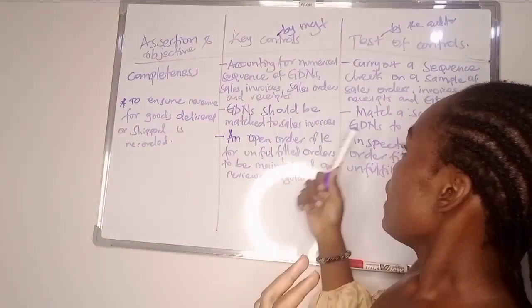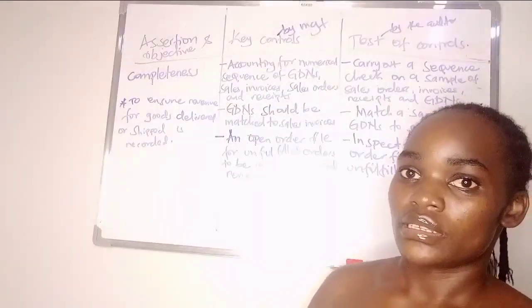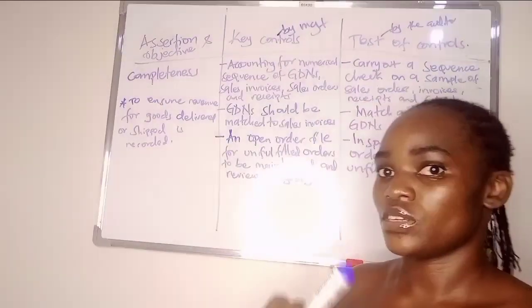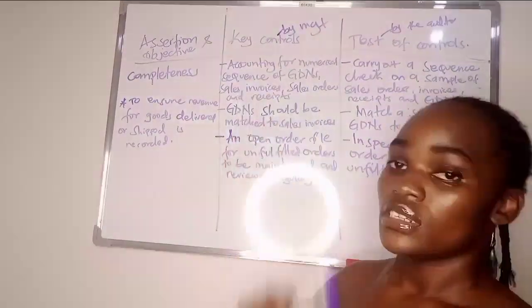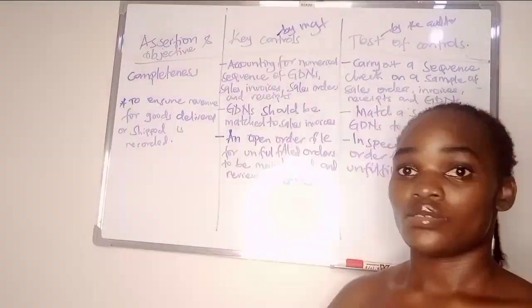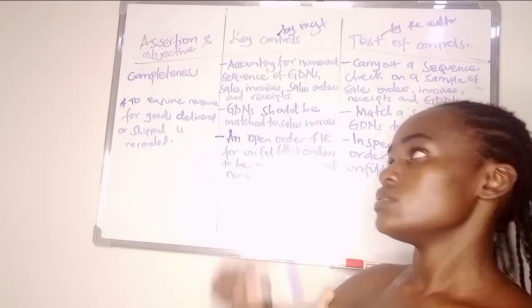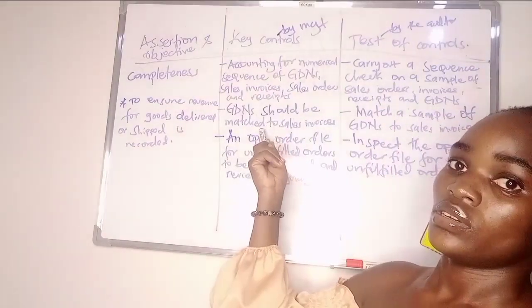So how can the auditor test this kind of control? The auditor is supposed to just select a sample of a particular goods delivered note and then match it with its sales invoice to see if they are really matching. That's how the auditor can test this kind of control.